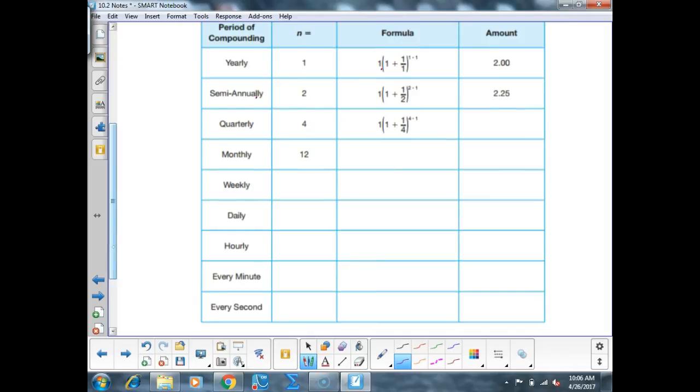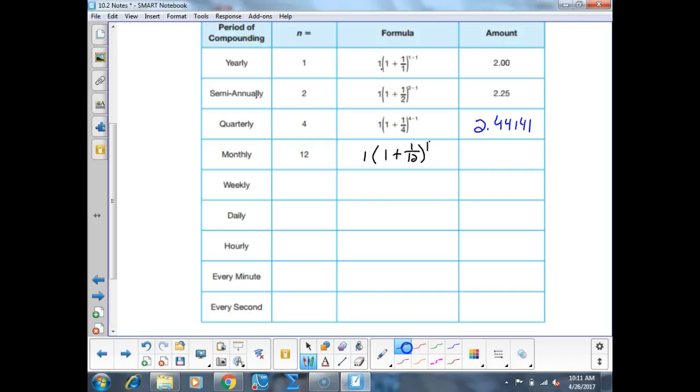Go for it. So quarterly, we should have gotten 2.44141. Monthly, 1 times (1 plus 1 over 12) to the 12th power, we should have gotten 2.61304.